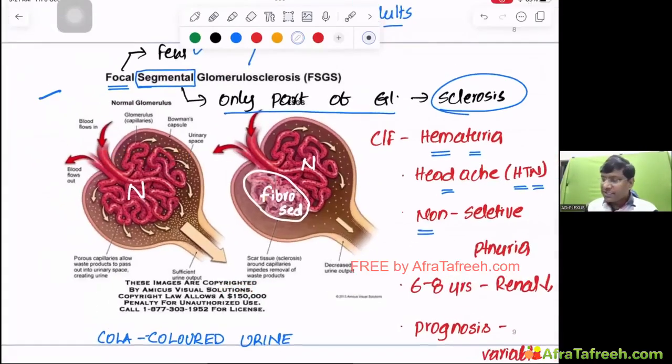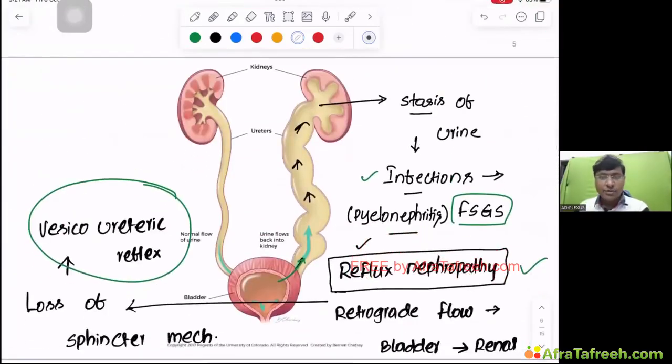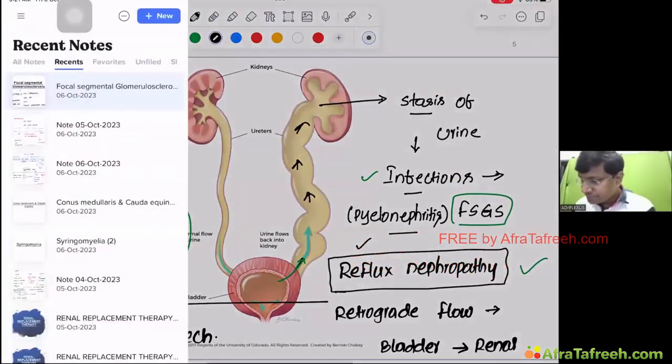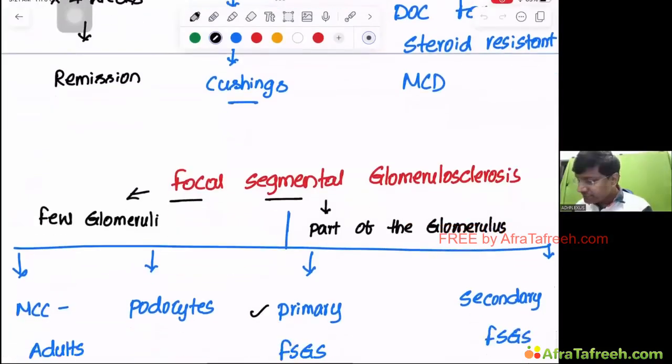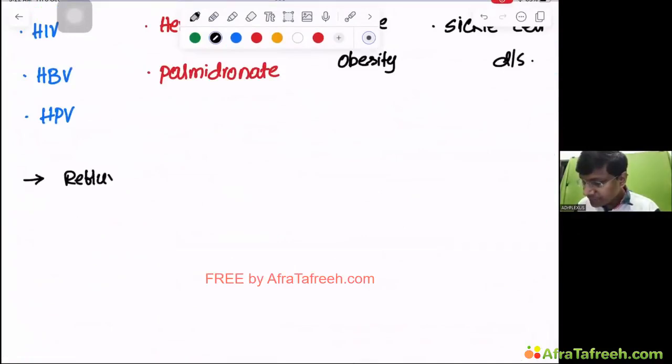Now, what are the other important features that you will have in these patients with focal segmental glomerulosclerosis? Another name which is given for this is also reflux nephropathy. Why is it called reflux nephropathy?